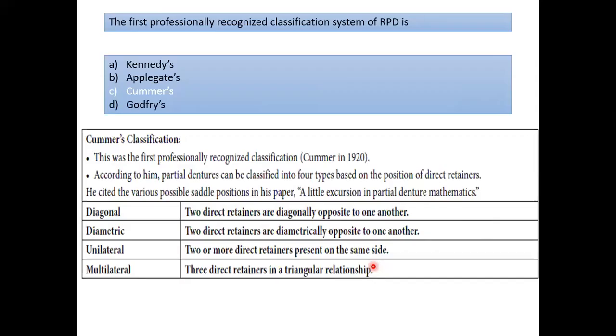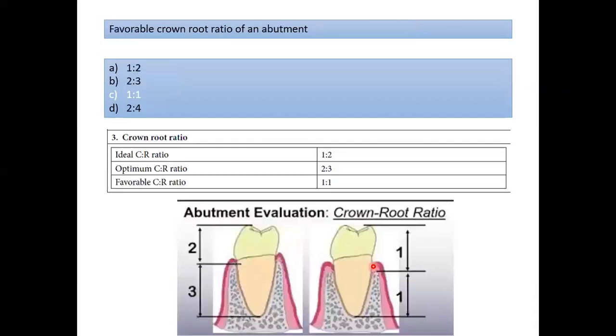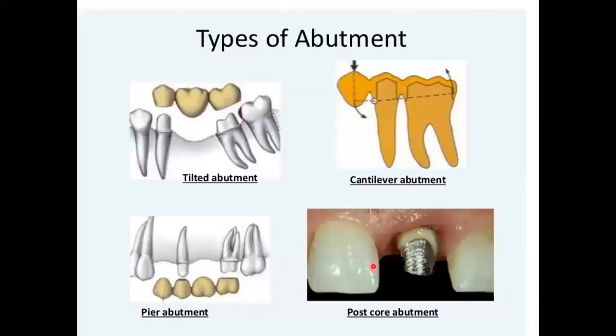And one more question: when a tooth is in grade 1 mobility, should I consider it for preparation, or should I extract and consider the adjacent teeth? When the tooth is in grade 1 mobility or a little above grade 1 mobility, you can still keep the tooth and use it for preparation.